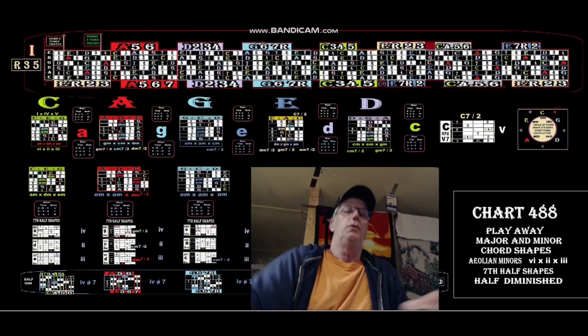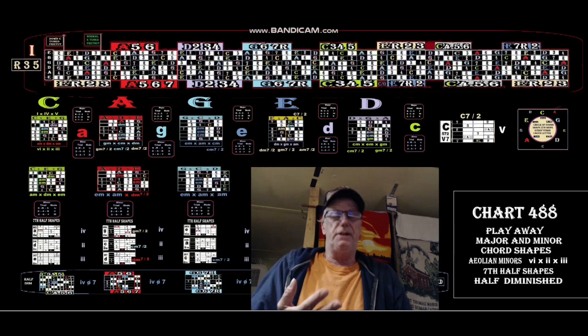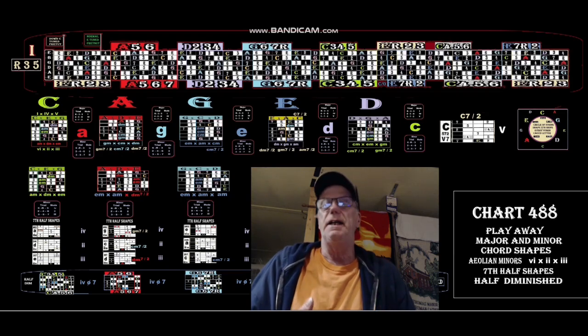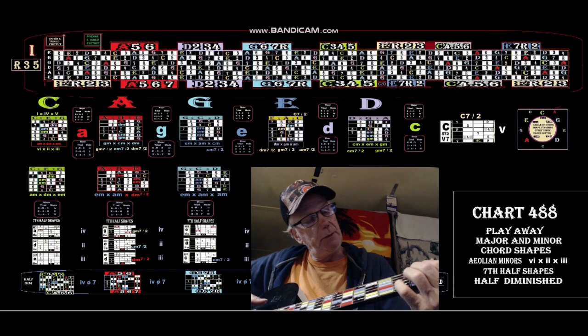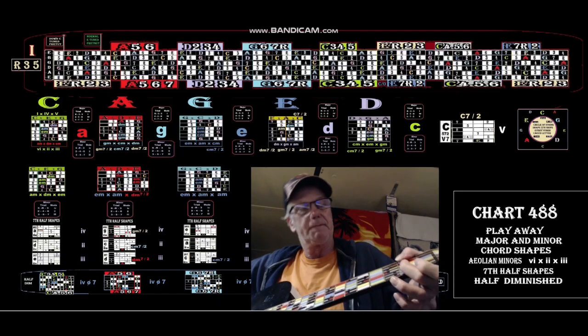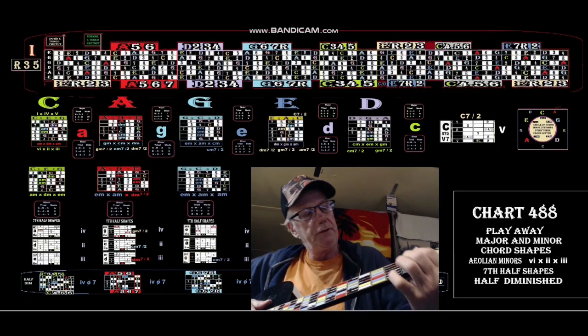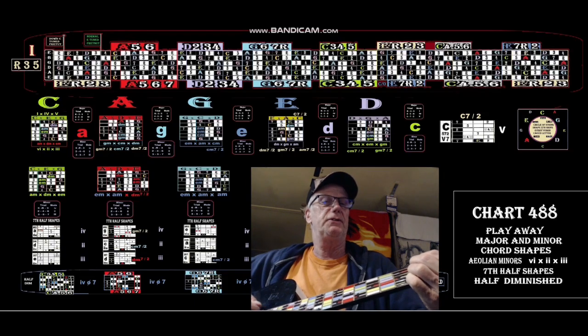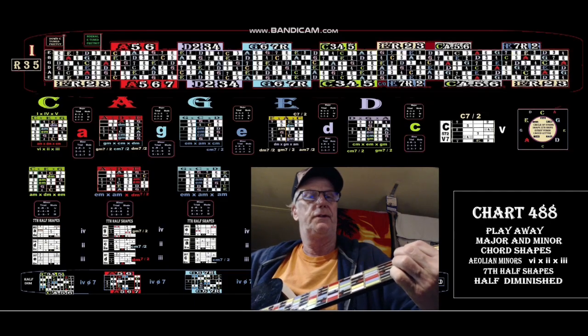And we could do that with C minor 7th, G minor 7th, D minor 7th, and A minor 7th. We can do it with even G minor 7th. We can do it with C minor 7th. These are shapes now. These aren't absolute. These are not chords.